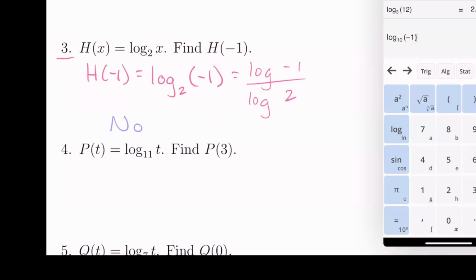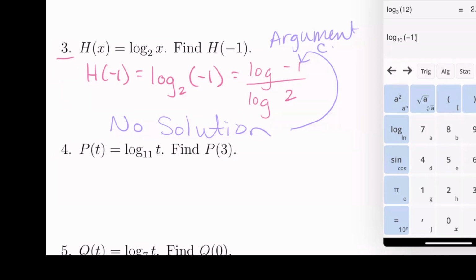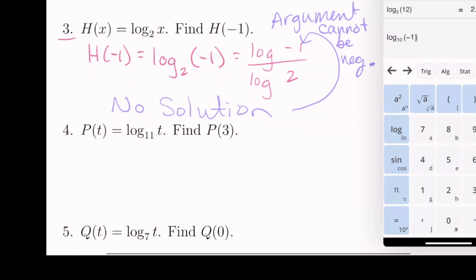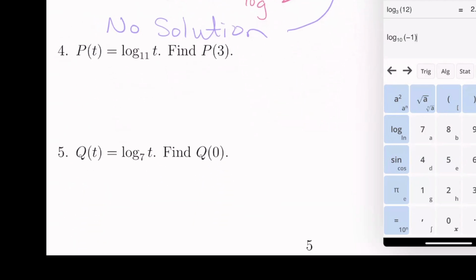There is no solution because we cannot have a negative argument. So if you're asked to plug in a negative number, you say NA because it's not in the domain.